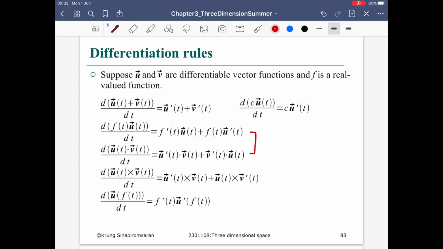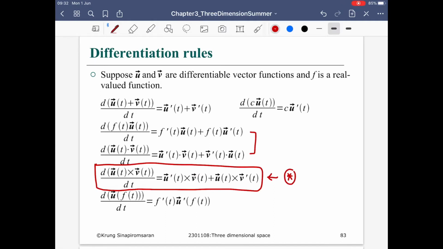However, for the cross product, it has to be in this order. You cannot switch. It has to be the first one's derivative cross the second, and the first one cross the second's derivative. You cannot switch your order. The only thing that you can switch is the addition. For the cross product, you need to start with the first one's derivative, and end up with the second one's derivative, just like that.